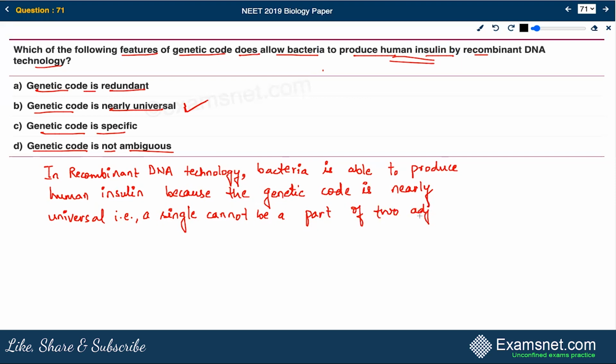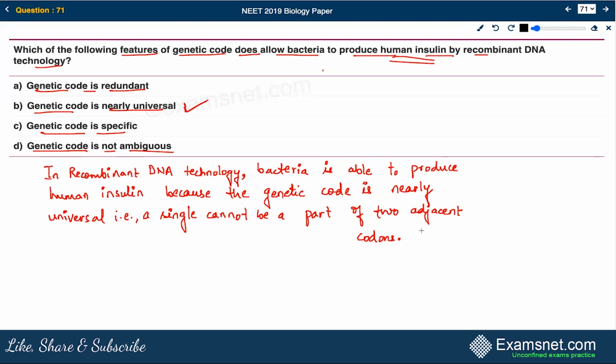That means each nucleotide is a part of only one codon. It cannot be in a form of overlapping position. Clear? So with this, the correct answer is supposed to be option number B over here.